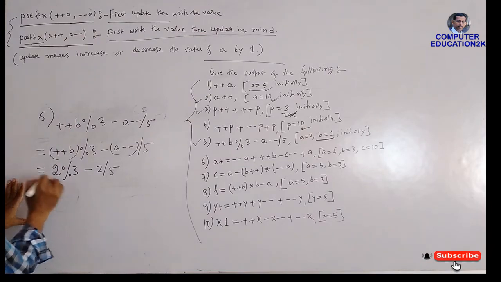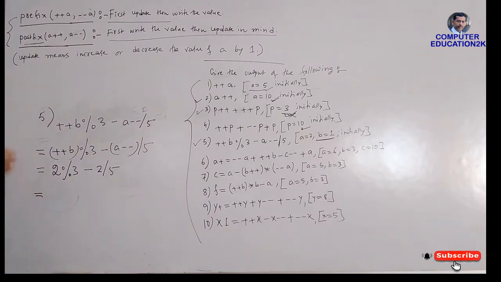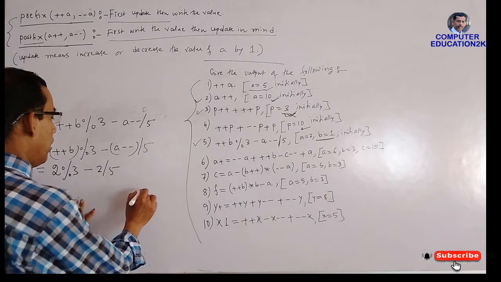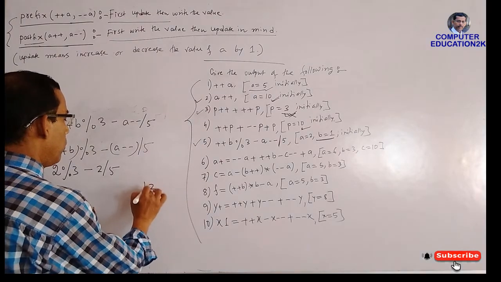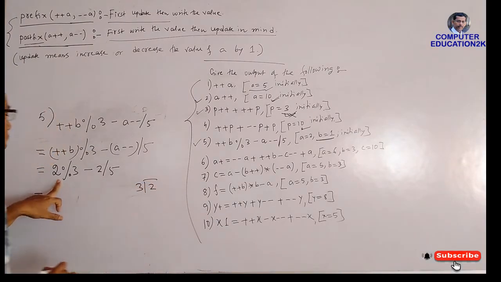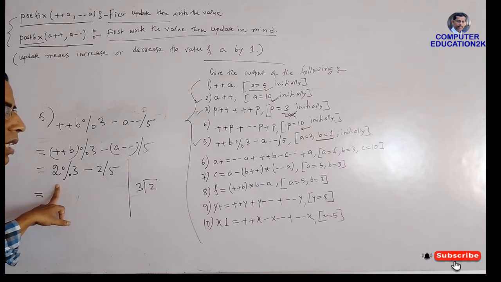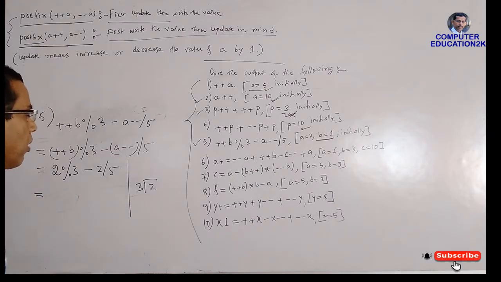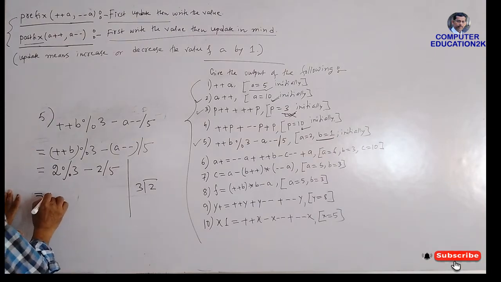So now 2 modulus 3. It means you divide 2 by 3 and take the remainder. In this case, you cannot divide 2 by 3, so here 2 will come.